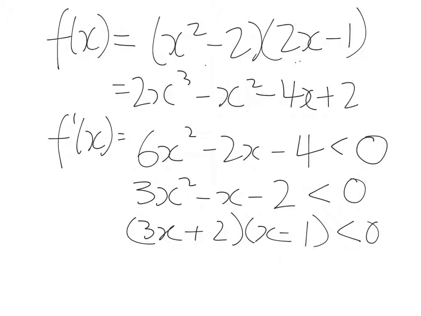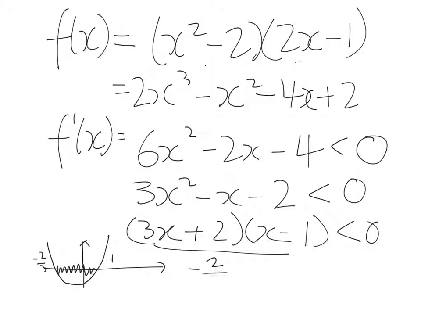Okay, and again, quadratic inequality. Draw the graph. So we've got 1, and we've got minus 2 over 3. And we want where this graph is less than 0, so where it's below the x-axis, which is here. So our solution is where x is between minus 2/3 and 1.